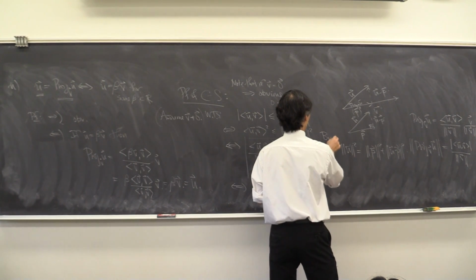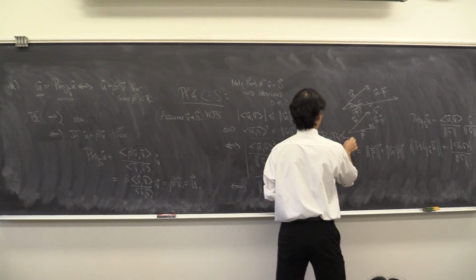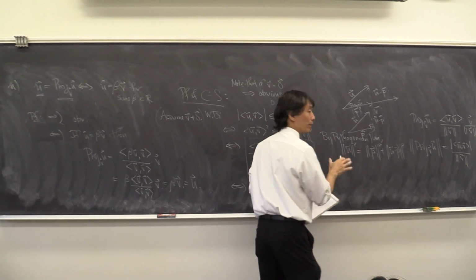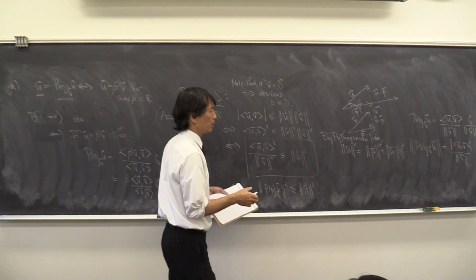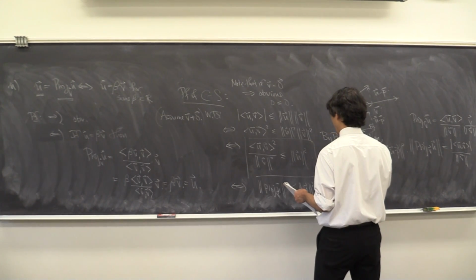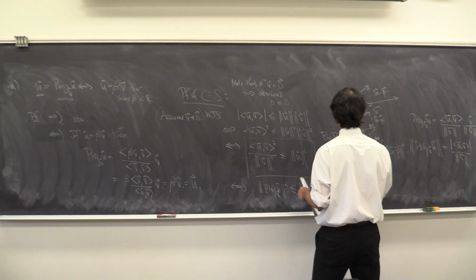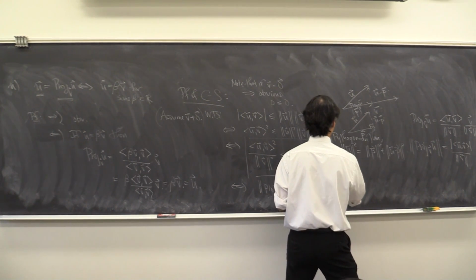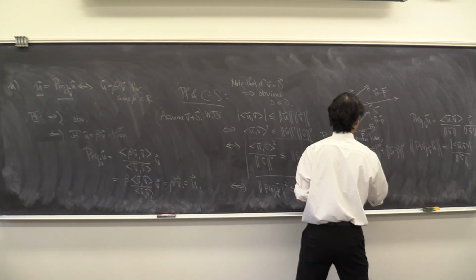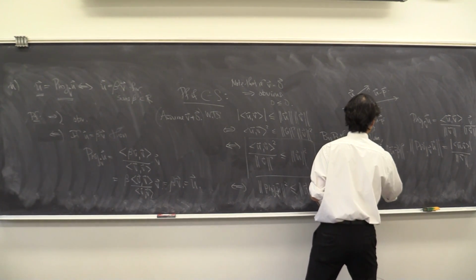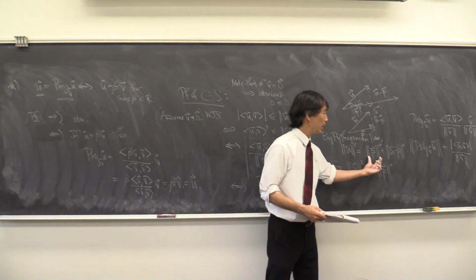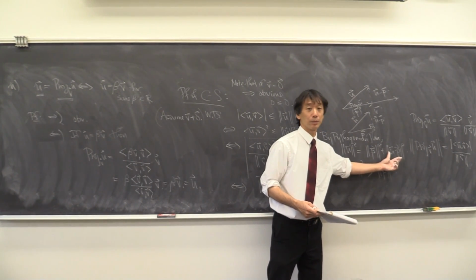So by the Pythagorean theorem, we've got this. So u squared is definitely greater than or equal to p squared, because u squared is p squared plus something else.